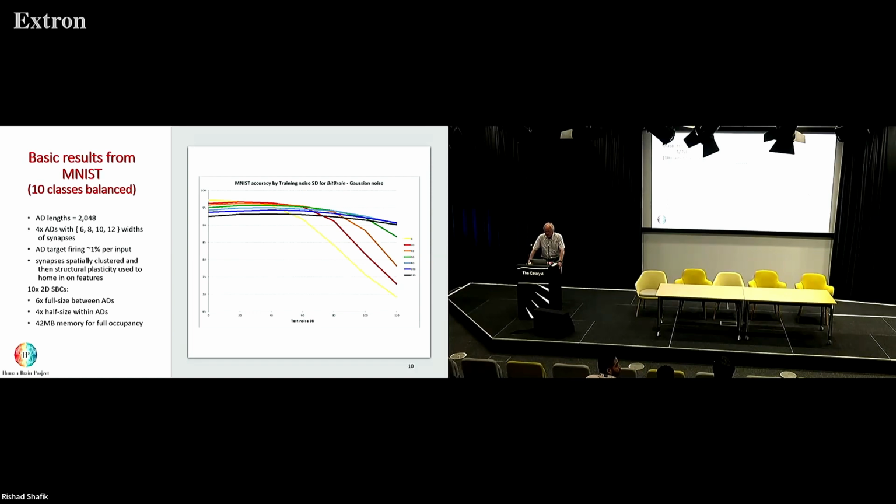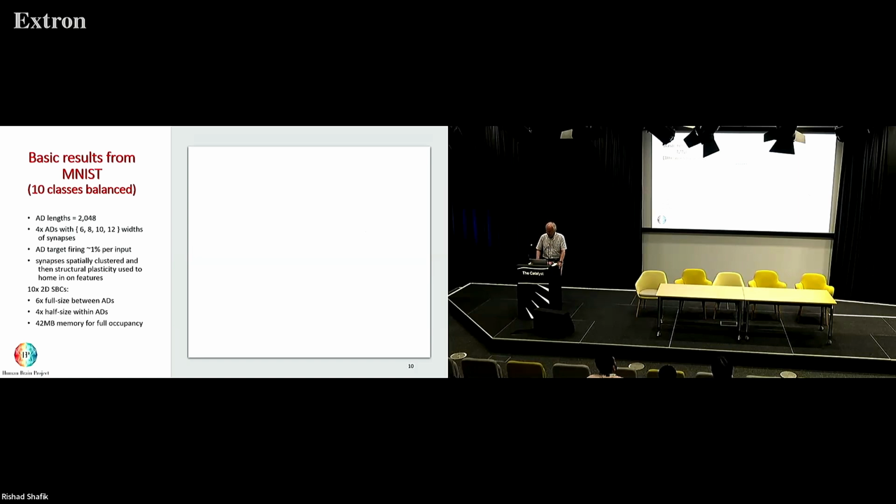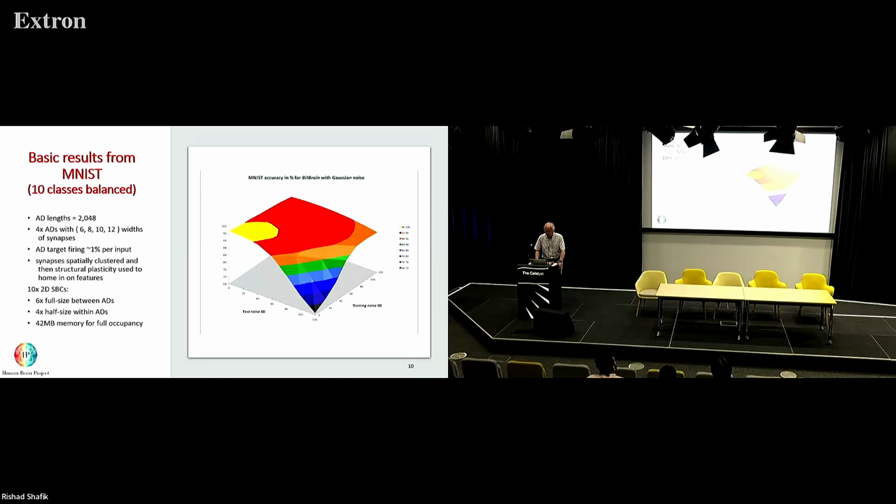But their inference performance under noisy inputs is significantly better if they're trained with noisy inputs. That graph can be viewed in 3 dimensions. I'm not sure if that makes anything much clearer, but what it shows is that over quite a high region of test and training noise, the performance of the system is sustained.